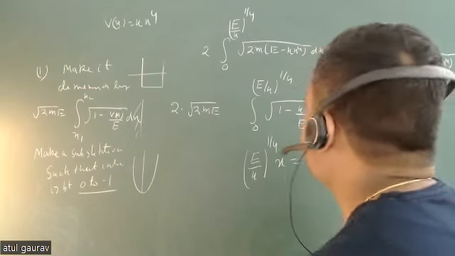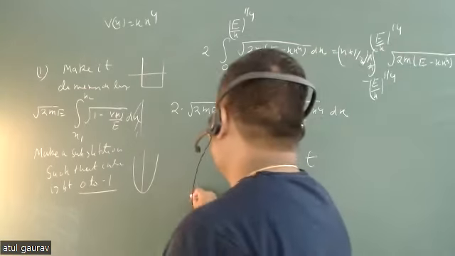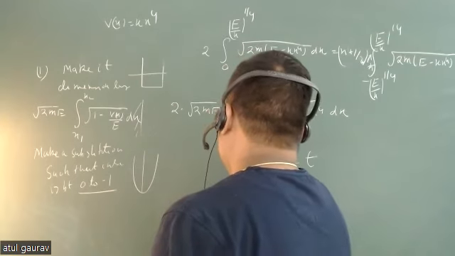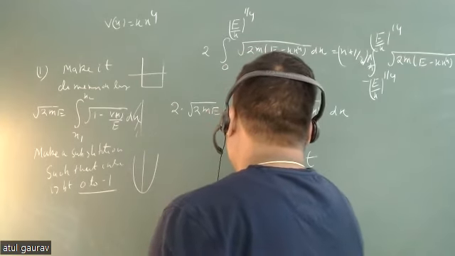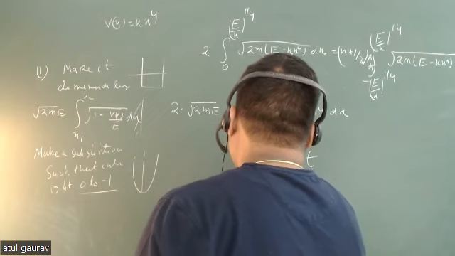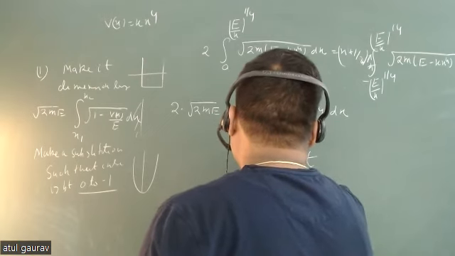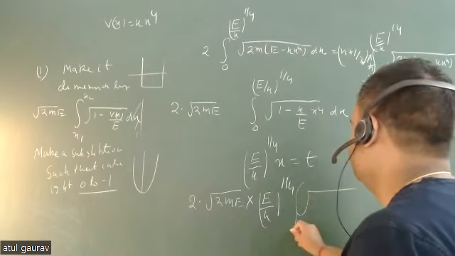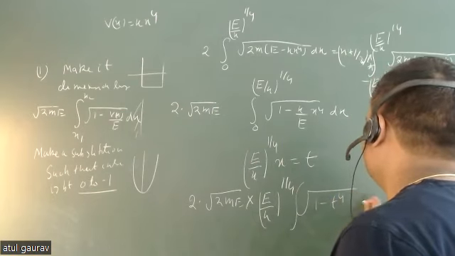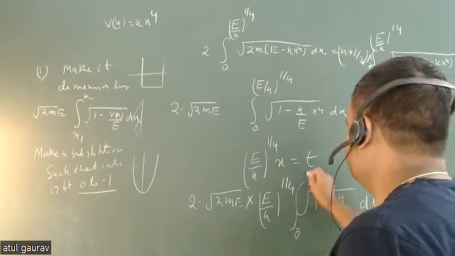And once you do this substitution, you will get this integration as 2 into root under 2mE into (E by k) to the power 1 by 4, and you have the integration of (1 minus t to the power 4) dt from 0 to 1.